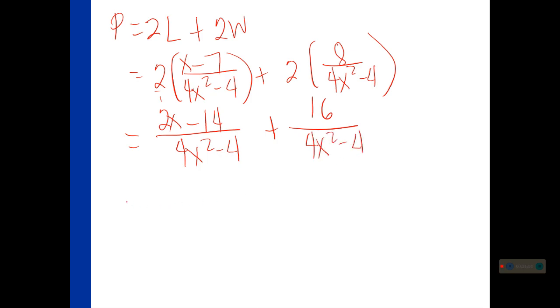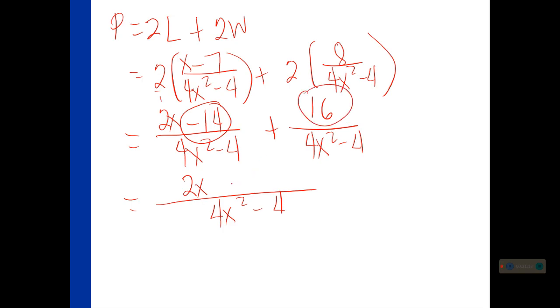Since we have the same denominators now, copy the denominator and then add the numerators. So, we have here 2x only, and then negative 14 plus 16, which is positive 2. And then, we factor out 2.